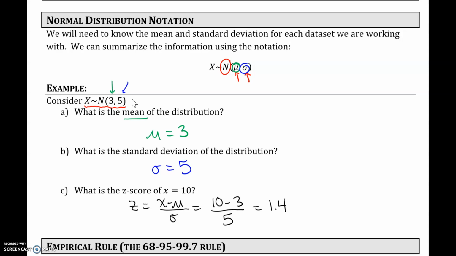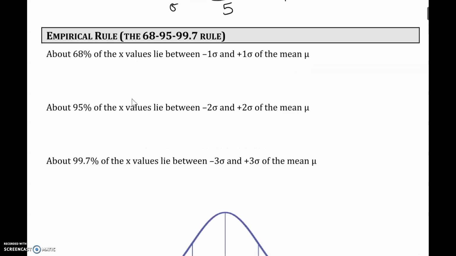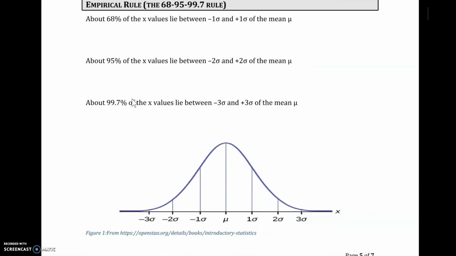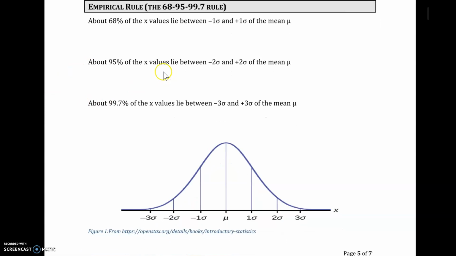Okay, we're going to leave z-scores here for today. We're going to pick up on z-scores again in the next module. And for our next video, we're going to talk about what's called an empirical rule, which lets us quickly approximate the probability of different events happening for standard normal distributions or normal distributions when things are 1, 2, or 3 standard deviations from the mean, when we have z-scores of 1, 2, or 3 nice integer values.